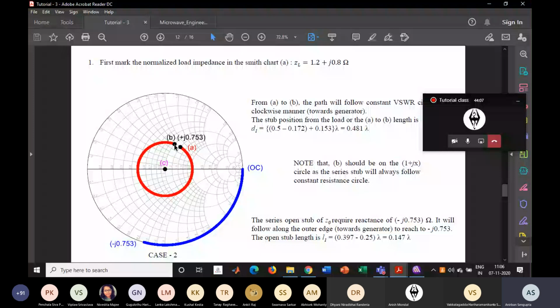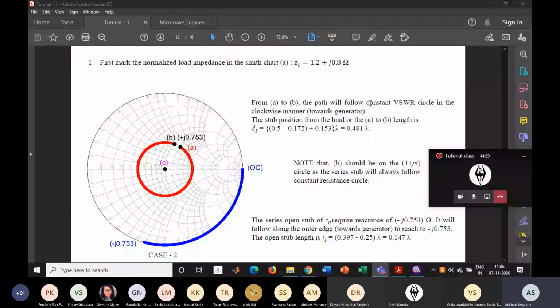The second intersection point comes at this point, b equals j 0.753 positive. So again the same process you have to follow, to find at what distance the stub will be connected.